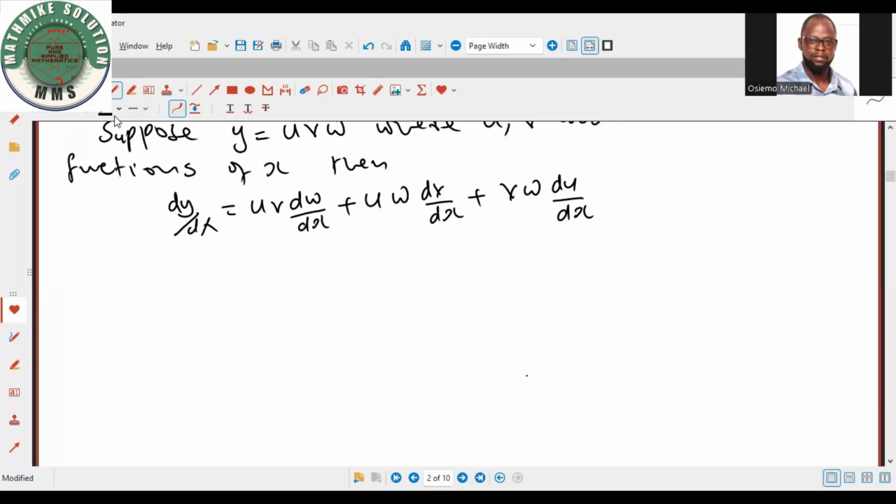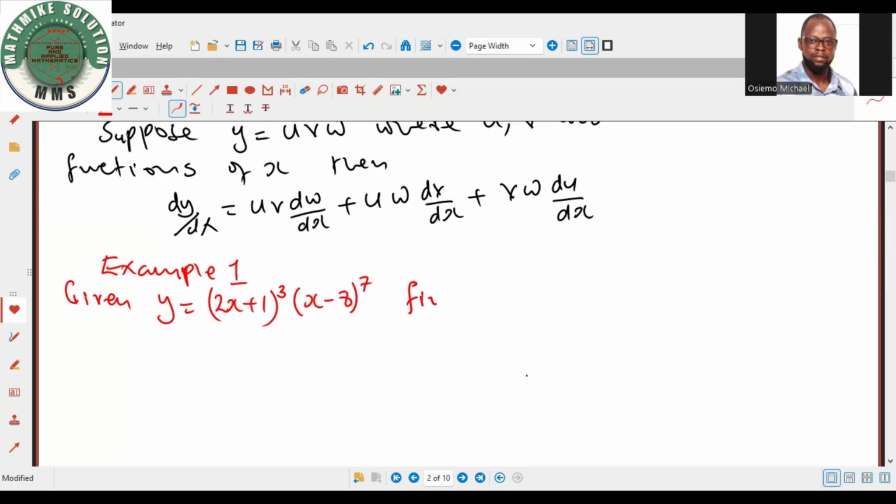So we have example 1. Given y is equal to (2x plus 1) cubed times (x minus 8) raised to power 7, find dy/dx.